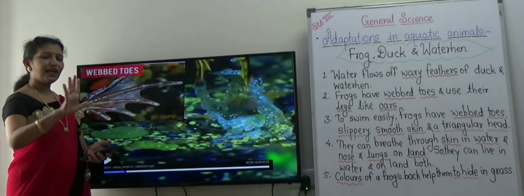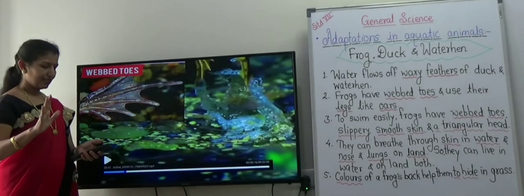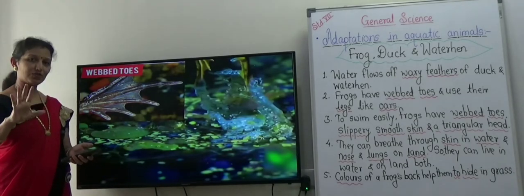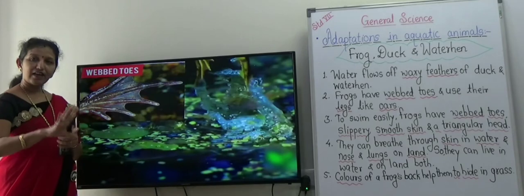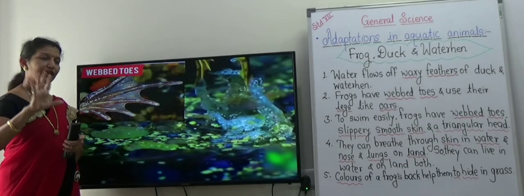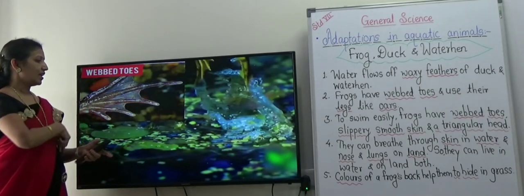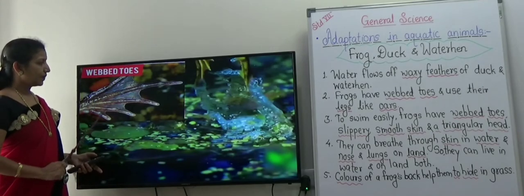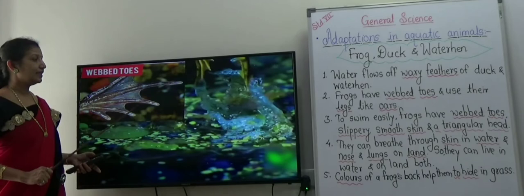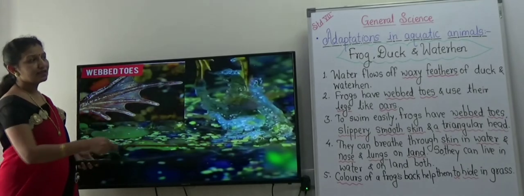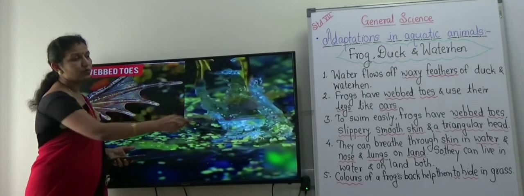We have fingers like that. They also have toes, and these toes are attached to each other with the help of this web, and because of it they can easily swim in water.